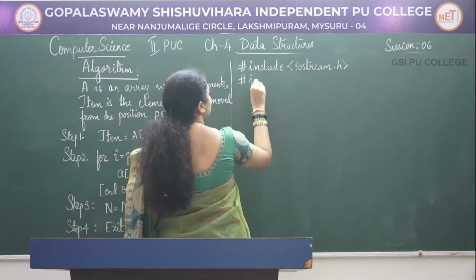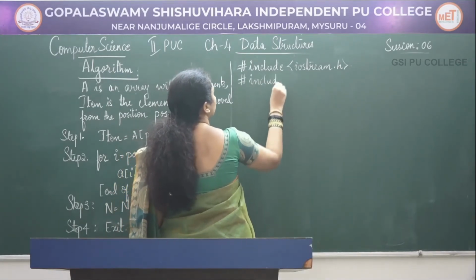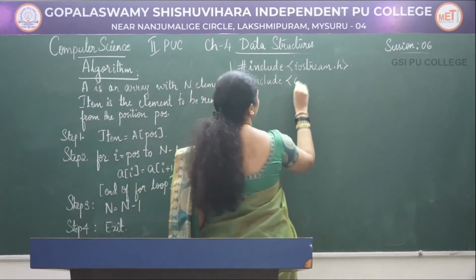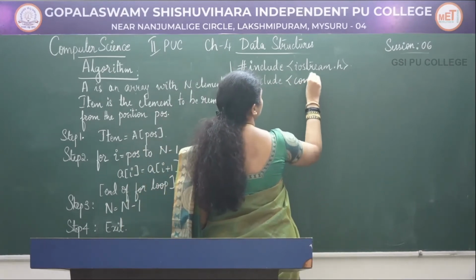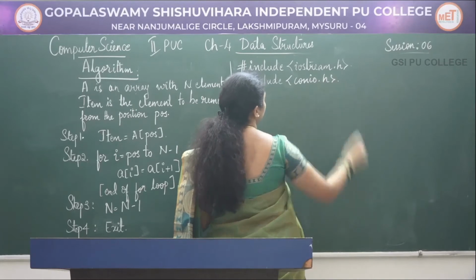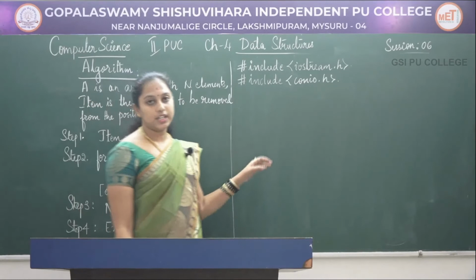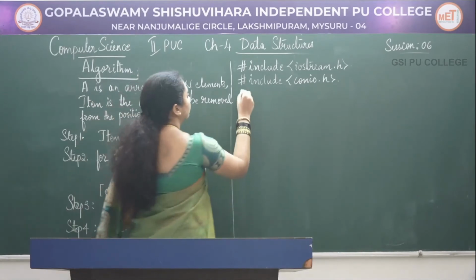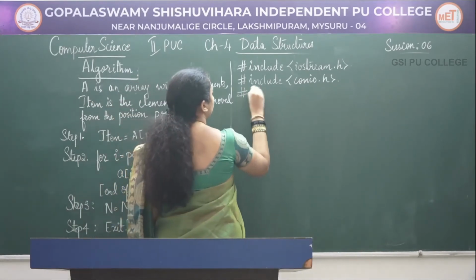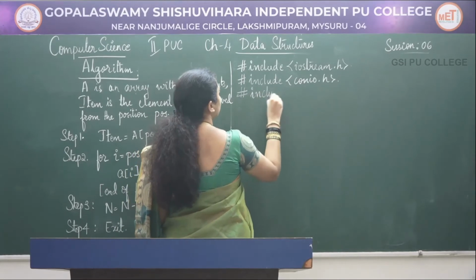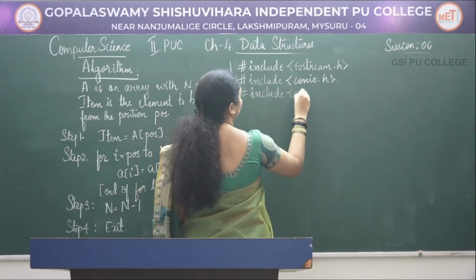Next header file is #include conio.h, which includes some basic functions required in our C++ program like clear screen and getch. Next header file is #include iomanip.h.